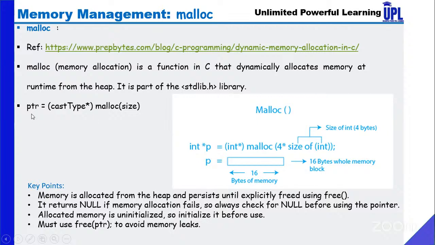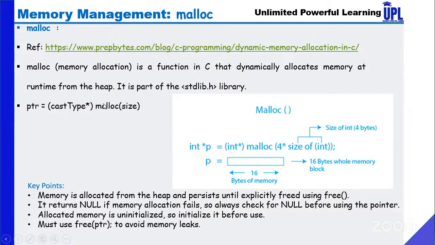We have to use this syntax: pointer cast type, whether integer type or float type or double type, you have to tell explicitly. Then the predefined function malloc, which accepts an argument: how much size of memory you require to point to the integer type of value, float type of value, or character type of value.